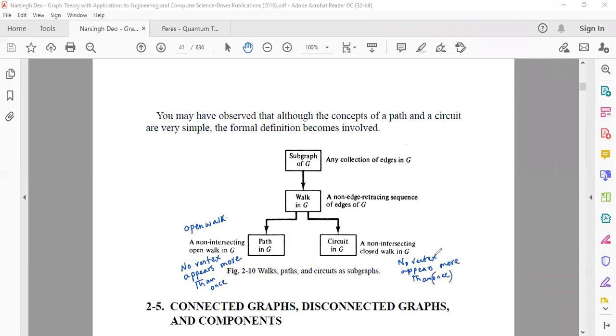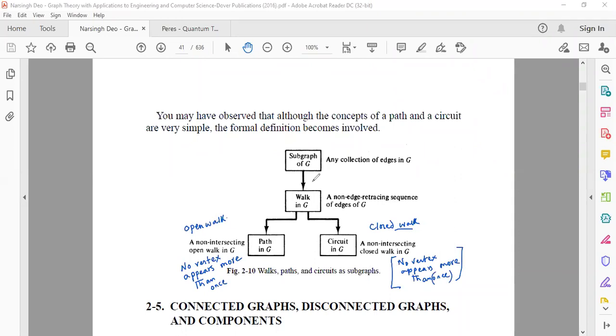The only difference is that this is a closed walk. And this is true except for the terminal vertices from which the circuit begins and at which the circuit ends. So apart from the terminal vertices, the intermediate vertices will not appear more than once in the closed walk. So these are the two fundamental differences between open walk and closed walk.